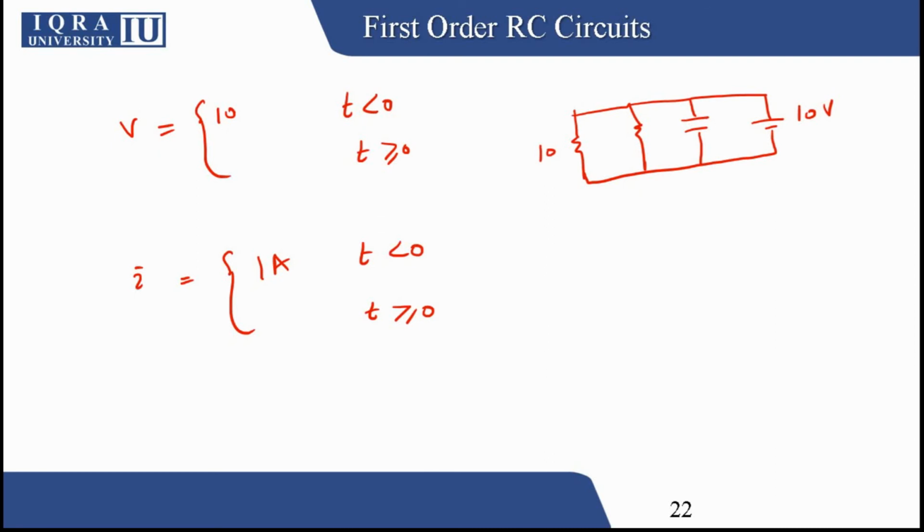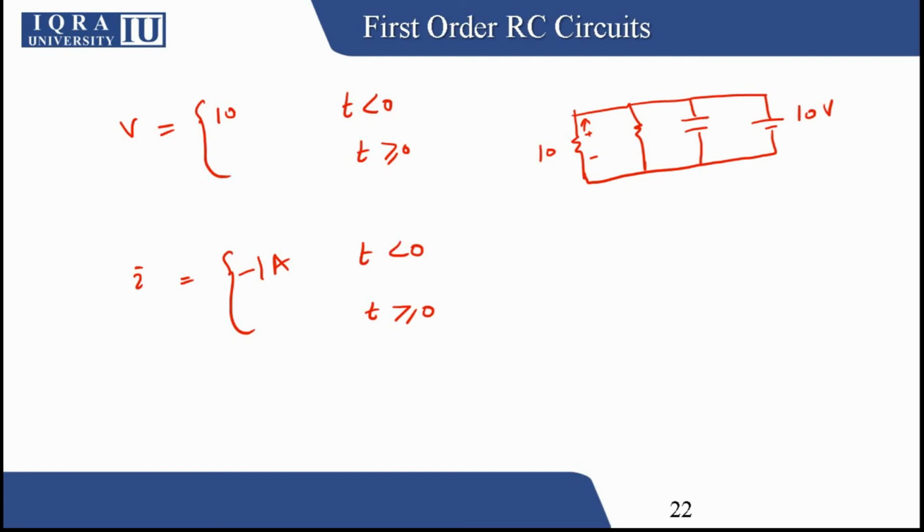So if we have 10 ohms, the current flowing through the 10 ohm is 10 divided by 10, and the current is leaving from plus, so we have minus 1 ampere.